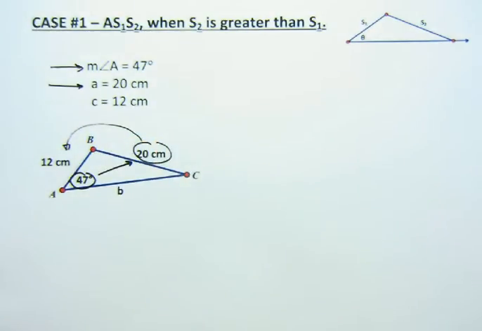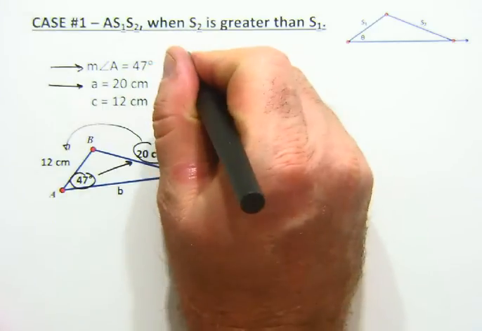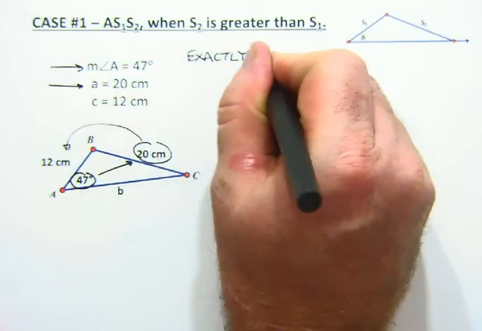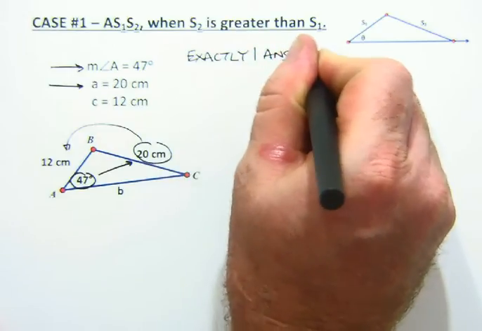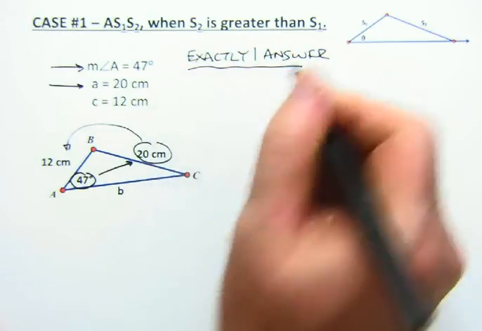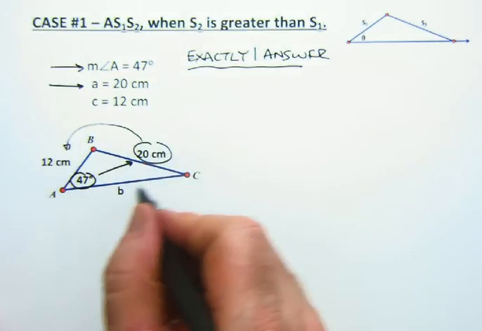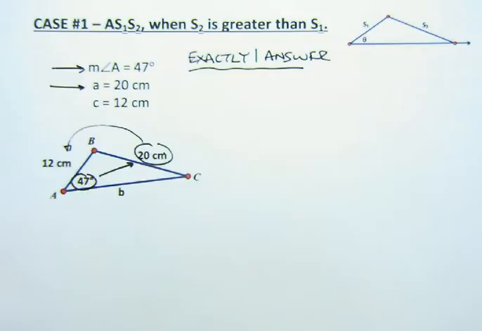So because it is greater than side 1, this is actually the case where we're going to get exactly one answer. It's a congruence relationship, and the reason we know that is because that second side will not swing and form a second triangle.